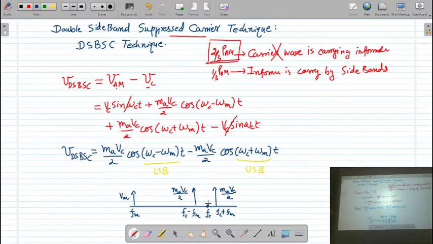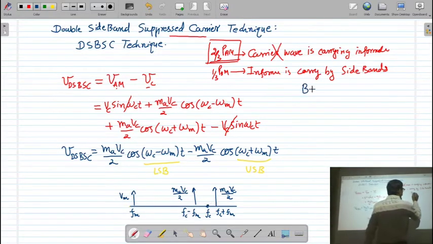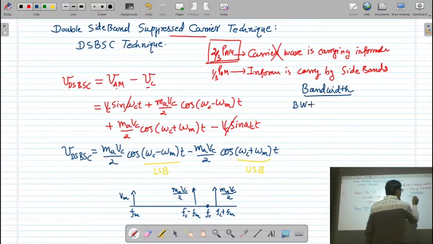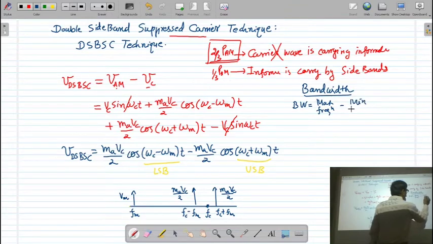Now what is the bandwidth of a DSBSC? Bandwidth means, as you already know, the maximum frequency in the signal minus the minimum frequency in the signal.